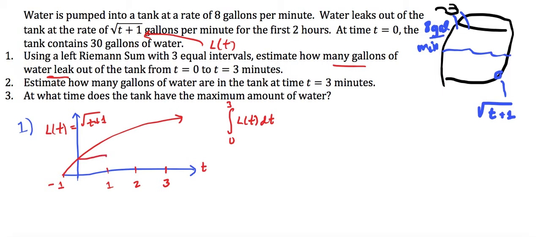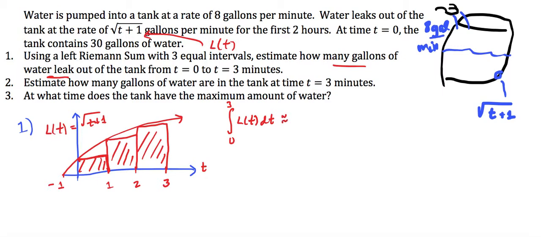So for now, this is the left Riemann sum with 3 equal rectangles. We go from the left side and make ourselves a rectangle. Start from the left side here, make a rectangle. That's the second rectangle. And then start here, make a rectangle. One of the nice things is that all 3 of the rectangles have a base of 1, and we just need to figure out the height.